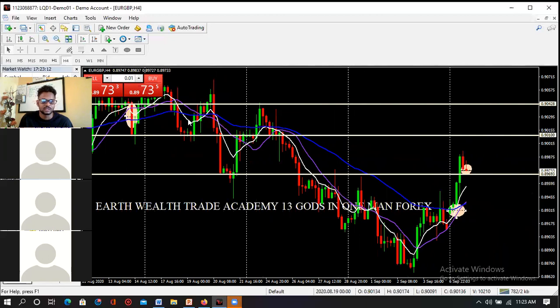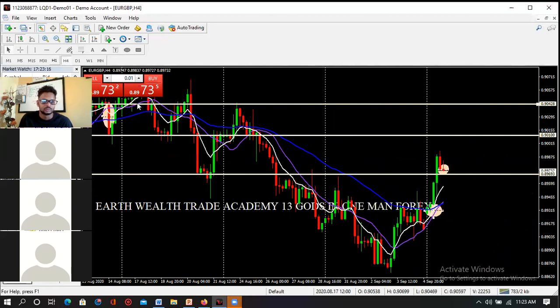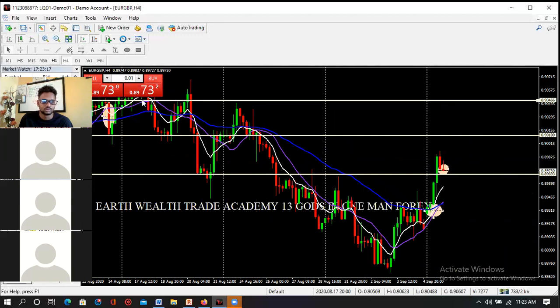Now when price starts, it's going to go up, and I'm going to move this up a little bit more. So price is going to start from here, this little candle right in the corner. And price is going to move up and down, up and down, up and down.